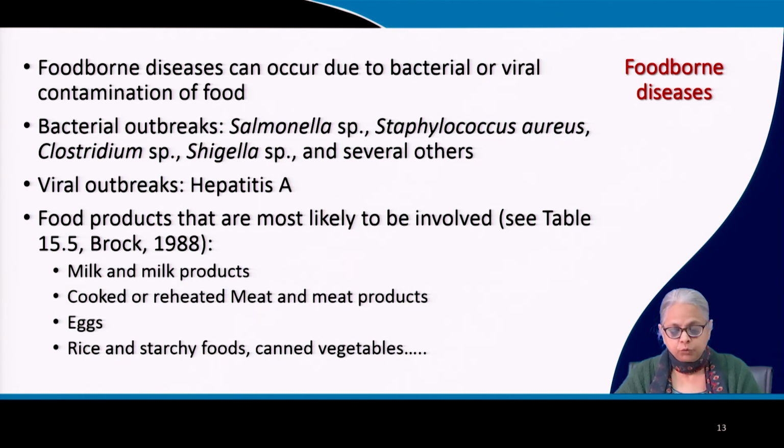The food products that are most likely to be contaminated by these pathogenic organisms are milk and milk products, cooked or reheated meat and meat products, eggs, rice and starchy foods, canned vegetables. These are all highly vulnerable to contamination by these pathogenic species.